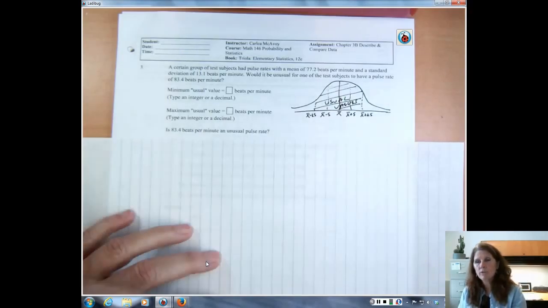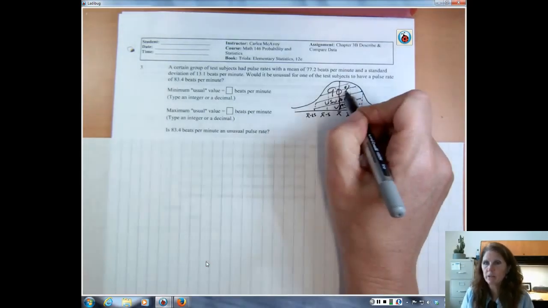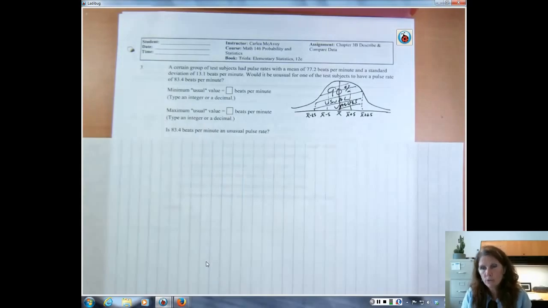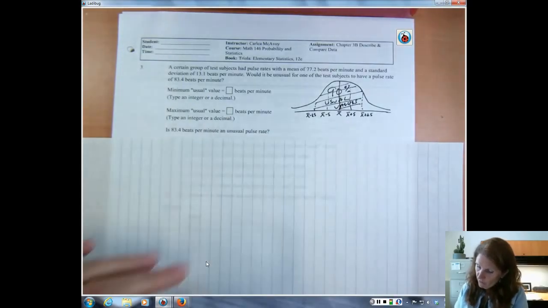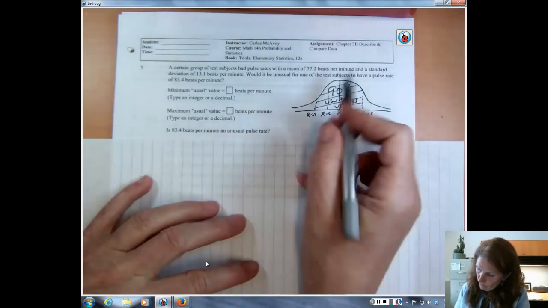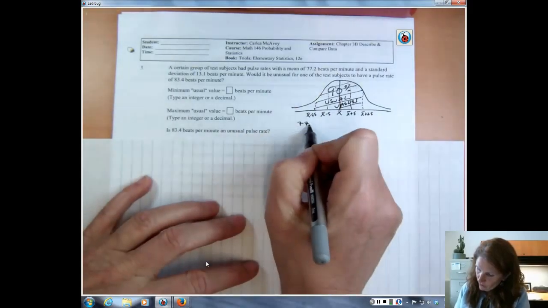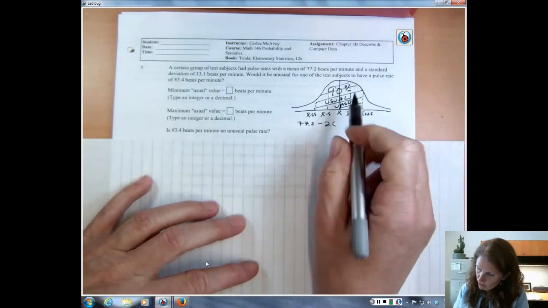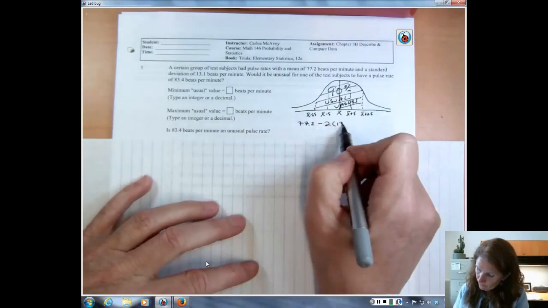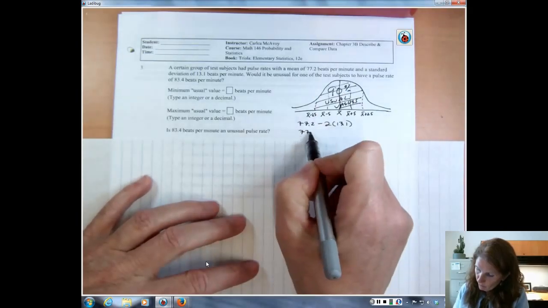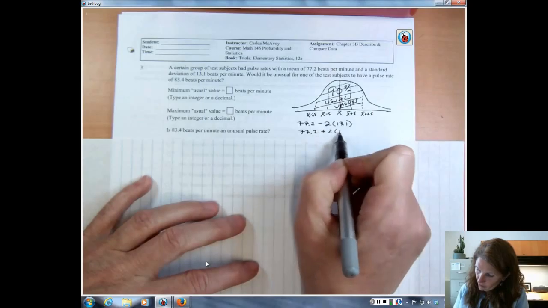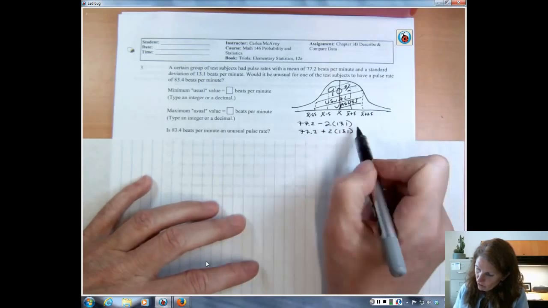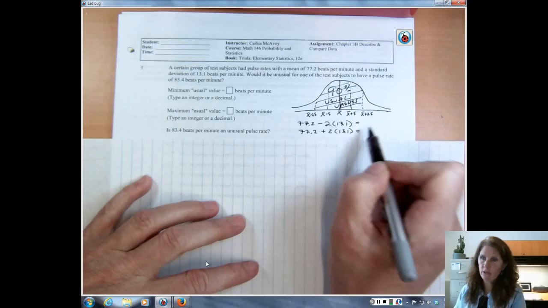So our usual values, and that is considered to be 90% of the population, will fall within 2 standard deviations to the left or 2 to the right. So all we have to do is take our mean, which is 77.2, and subtract 2 times the standard deviation, and our mean 77.2, and add 2 times the standard deviation, and we would see what those ranges of values are.